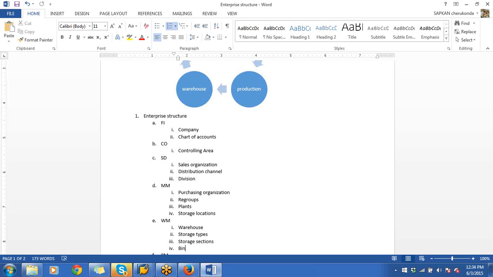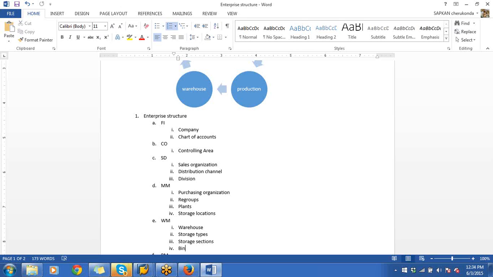So that is warehouse management. The well organized way of keeping things is called warehouse in SAP jargon. Storing in a storage location is called inventory management in SAP jargon.